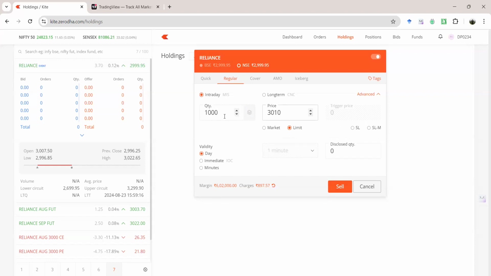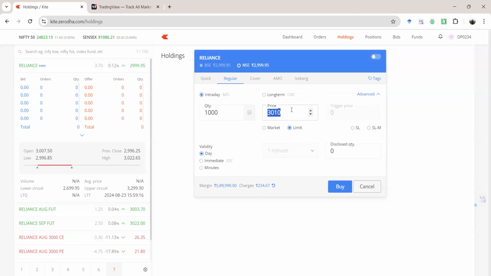My execution will happen for 500 quantity, and the remaining 500 may not get sold if prices fall from there. It is possible that it may sell just 100 quantity and then prices can fall again without execution of the complete quantity. So when we are using a limit order, it is not necessary that all the quantity will get executed.